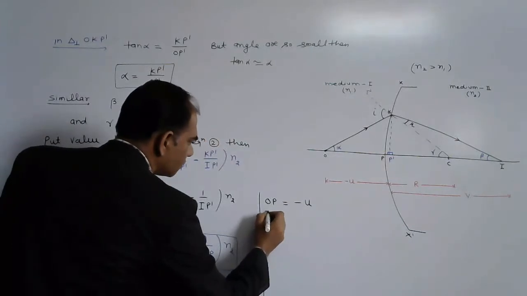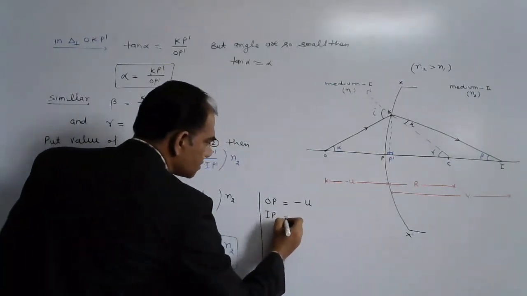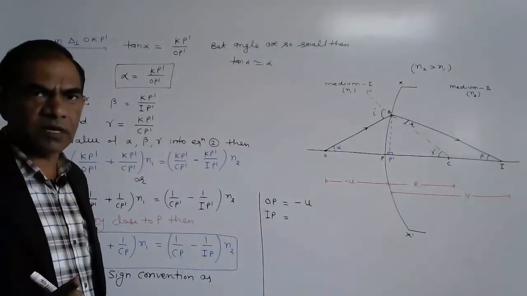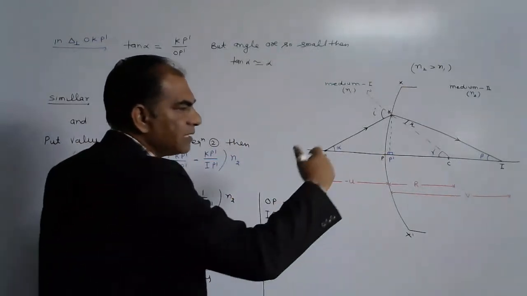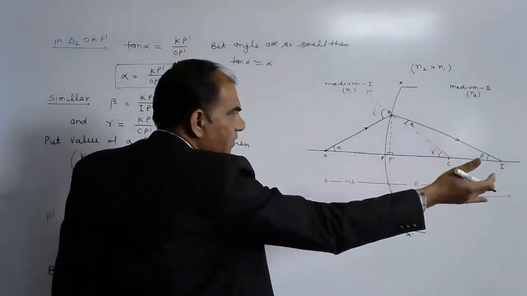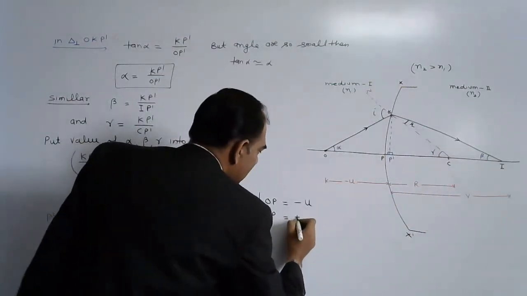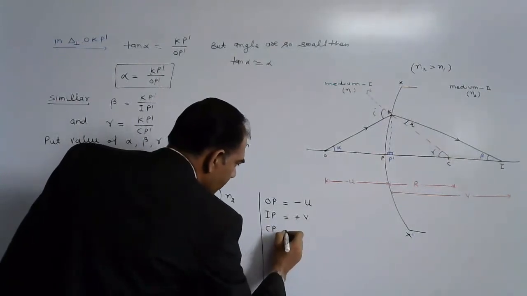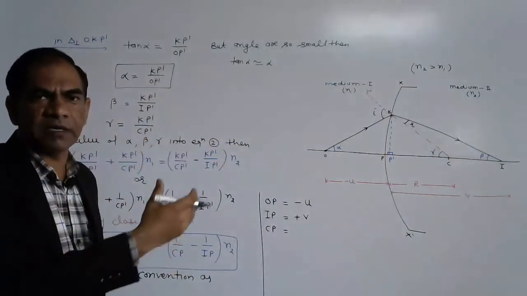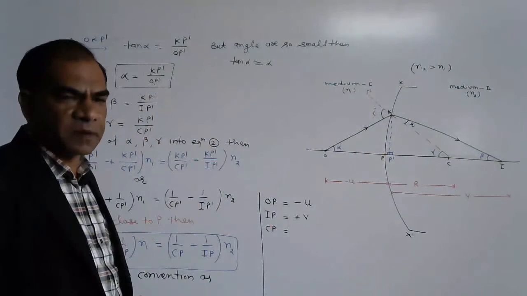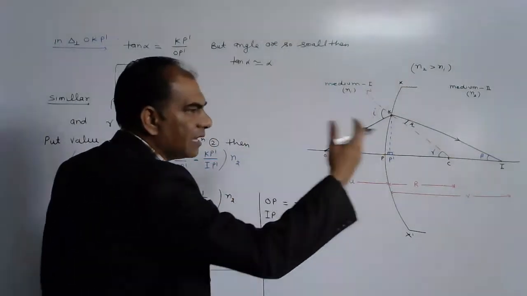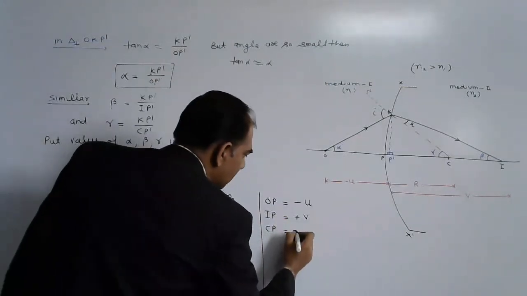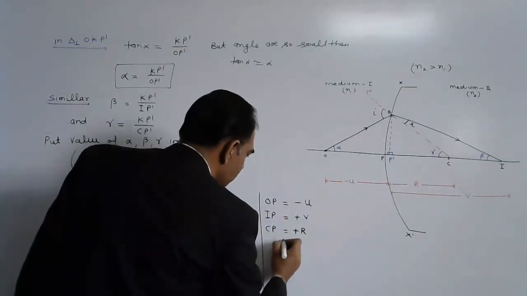IP is the distance of the image from the pole, which is v, and it is in the direction of the incident rays, so we take it as positive v. Similarly, CP is the radius of curvature of this spherical surface. It is also on the right side of the pole, so it is taken as plus R.